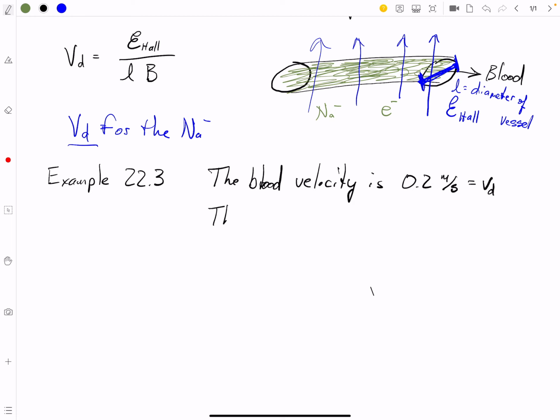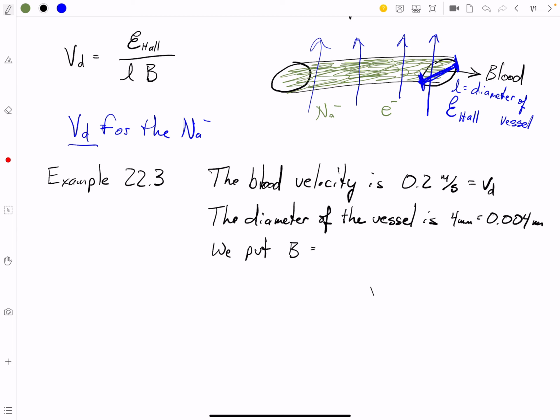The diameter of the vessel is 4 millimeters, but we're going to write that as 4 meters. We put B equal to 0.1 Teslas around the whole thing.